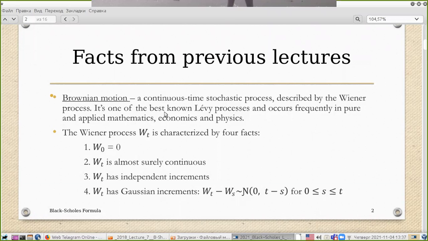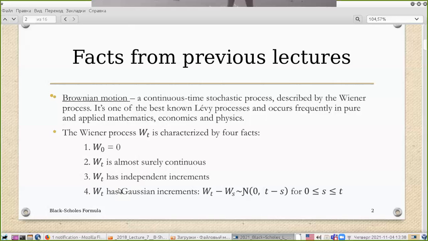Brownian motion, you remember, is a continuous stochastic process, and this process has several main properties. The first property is that the value of this process at initial time is zero. The second is that all trajectories, all paths of this process, are almost surely continuous, without jumps.